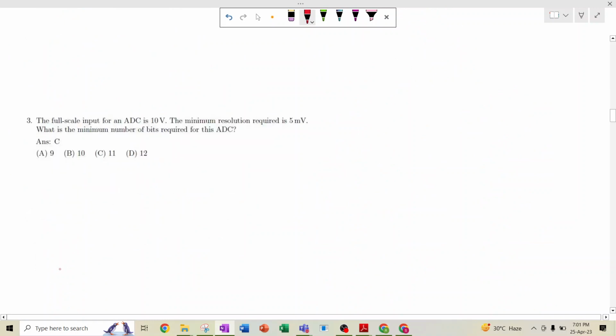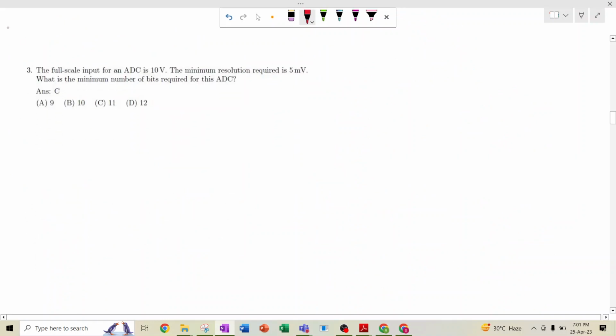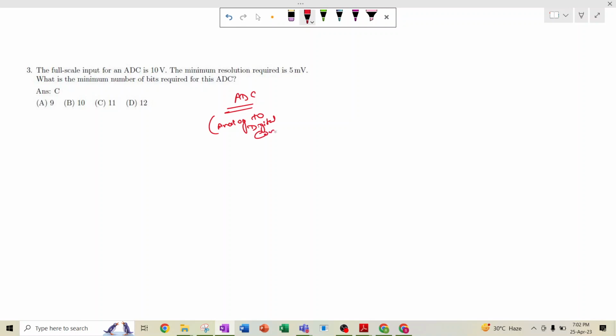Now the next question: the full scale input of the ADC is 10 volts. Full scale input means that if we use the ADC, the analog to digital converter, we give some analog signal and we get some digital signal.